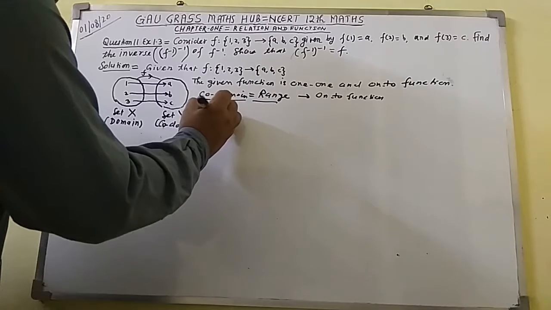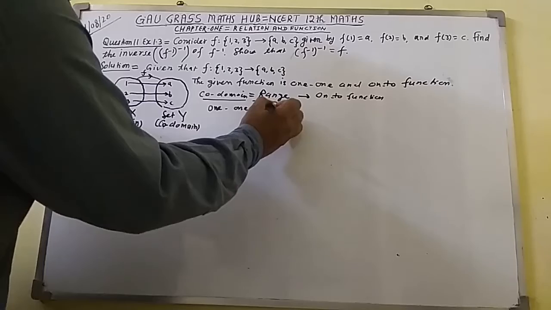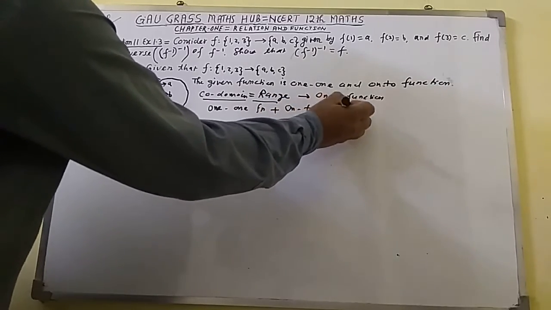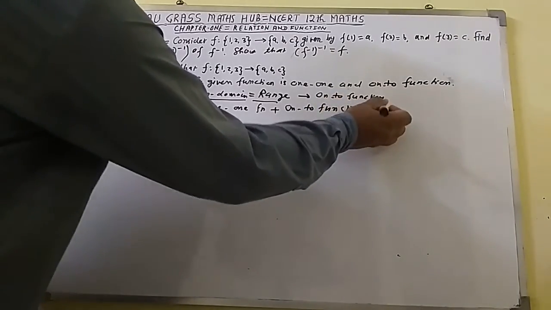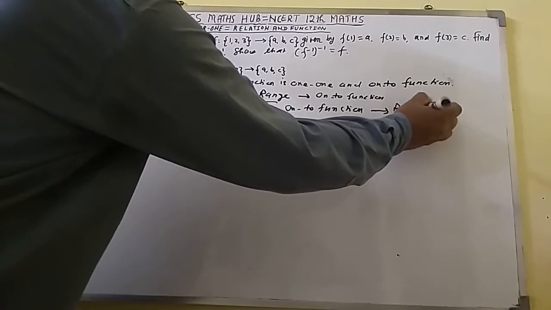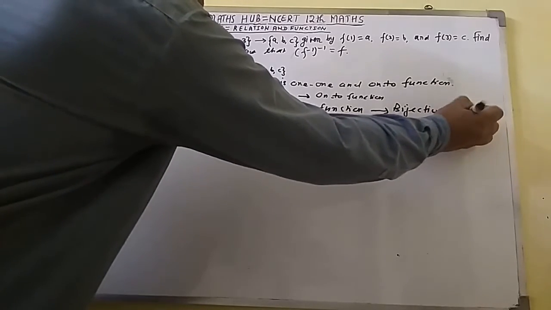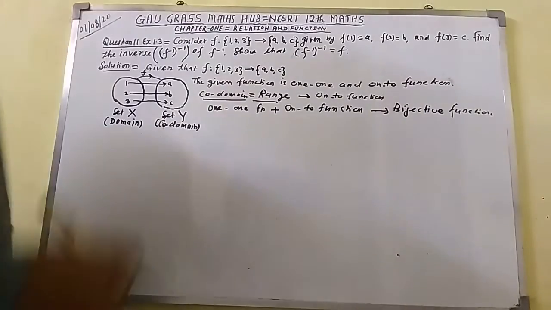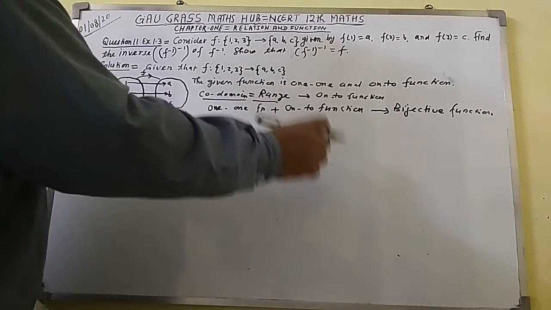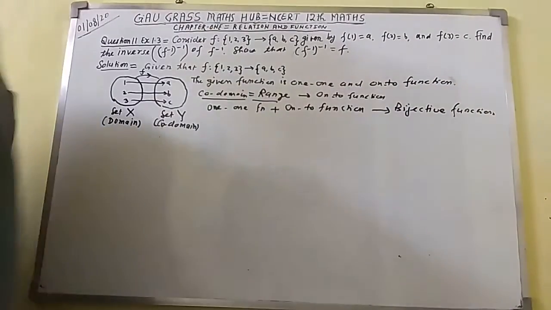Now a one-one function plus an onto function together is a bijective function.